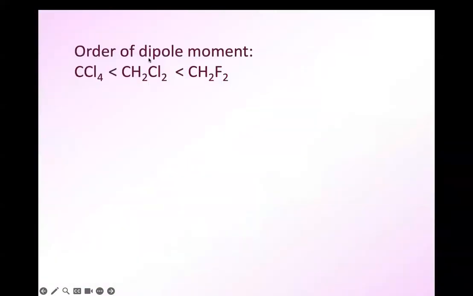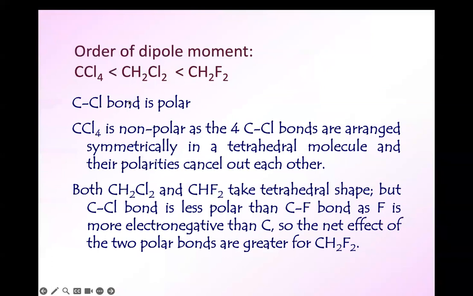So the order of the dipole moment: the C-Cl bond is polar. So CCl4 is non-polar because all four C-Cl polar bonds are arranged symmetrically in the tetrahedral molecular shape, and the polarities cancel with each other. As a result, it is overall non-polar.